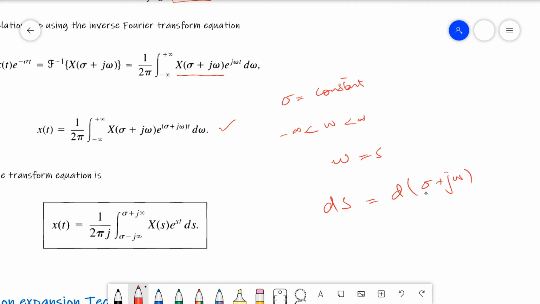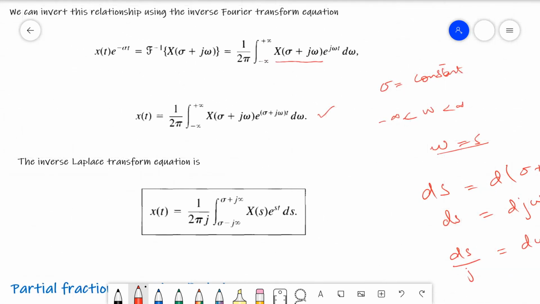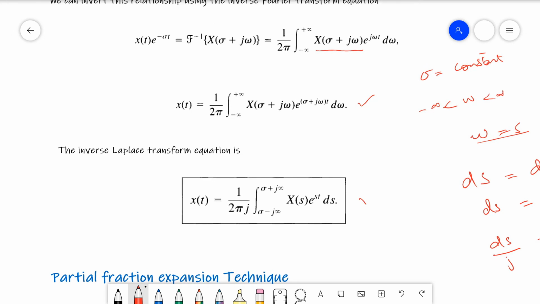We know that sigma is constant, then we will have ds equals j d omega, or we can say that d omega equals ds by j. So we have replaced omega by s and d omega by ds by j in this expression. From here we got the following inverse Laplace transform expression.